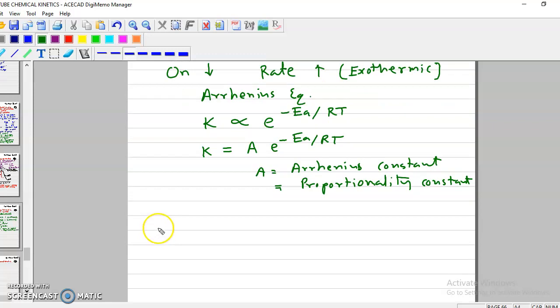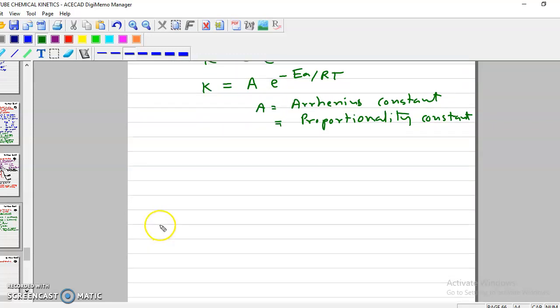Now if we want to simplify this, we can take log on both sides. So 2.303 log K is equal to 2.303 log A minus Ea upon RT.